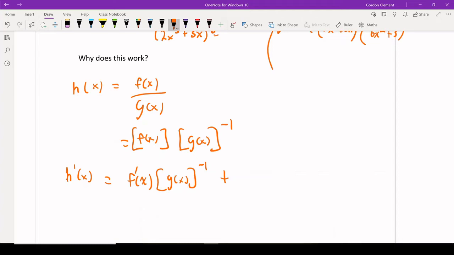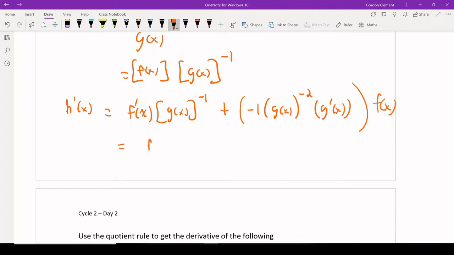So g primed is going to be, then minus 1 is going to come down. We're going to get the inside to the negative 2, and then the chain rule says multiply by the derivative of the inside. So something like that. G prime times f. So bit confusing, so that's the product rule, but my second function, instead of just being g, is g to the minus 1.